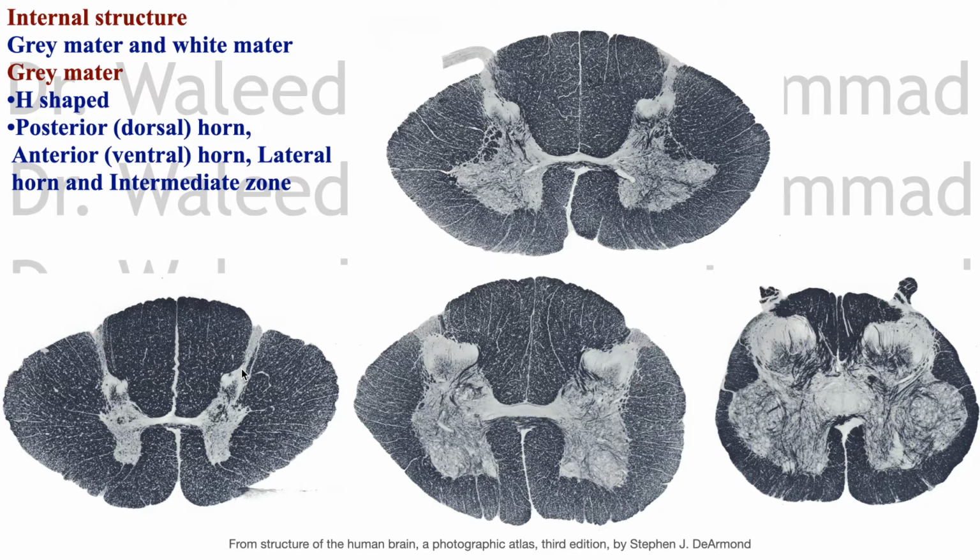The thoracic region is roughly an H shape, with almost straight dorsal and ventral horns of almost the same thickness. In the lumbar region, they have a thick dorsal horn and thick anterior horn, and in the sacral region, of course, the gray matter is in great ratio to the white matter, with thick, big dorsal and ventral horns. That's how you distinguish the different levels of the spinal cord.